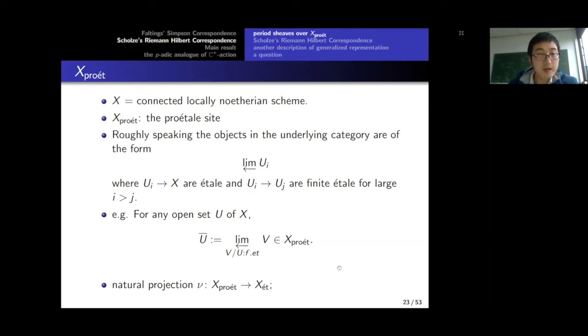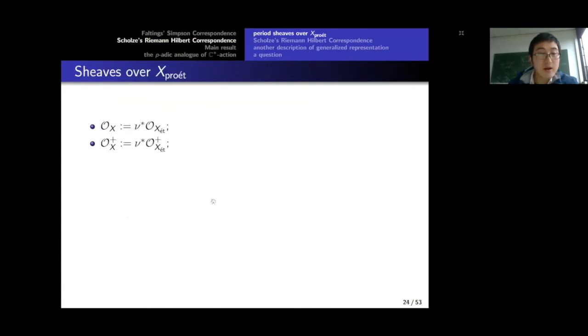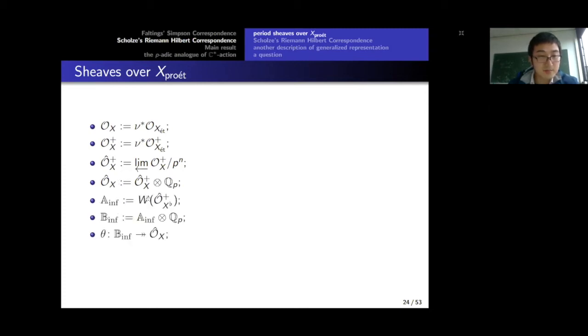Okay, by using this natural projection, one can define the structure sheaves O_X and O_X plus on this site. And by taking the p-adic completion, we get O hat X plus and O hat X. Similarly as before, we can define A_inf, B_inf, and also a surjective map theta.